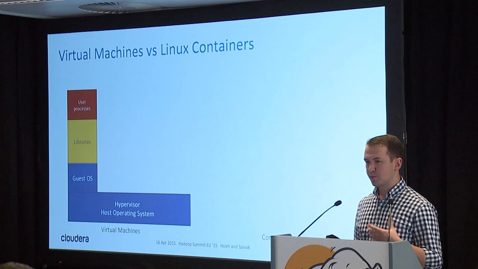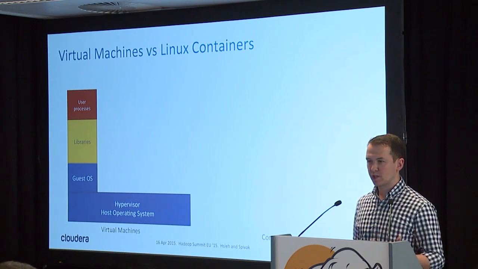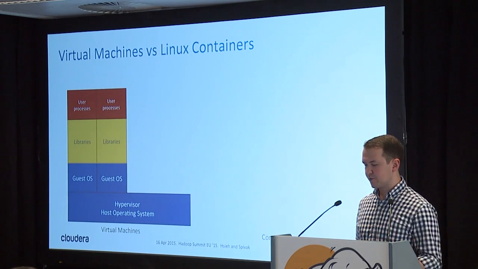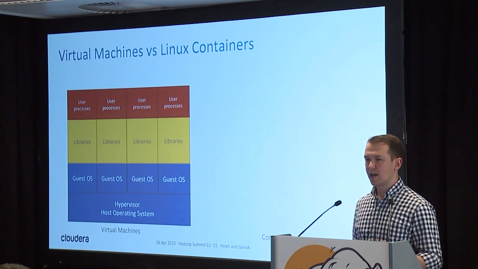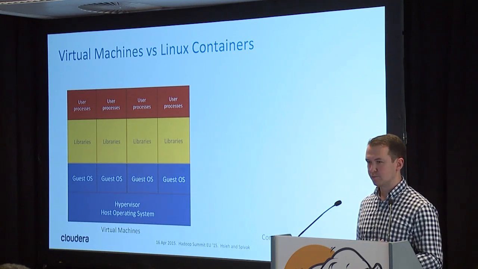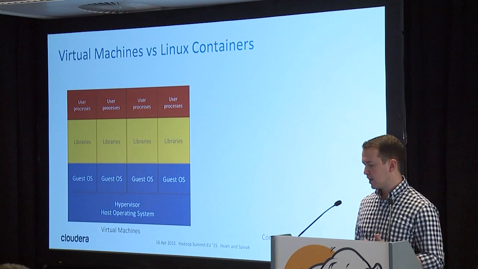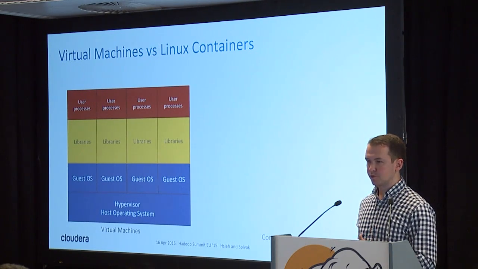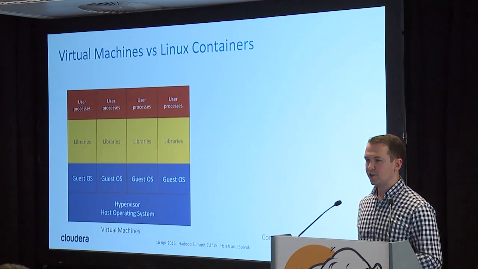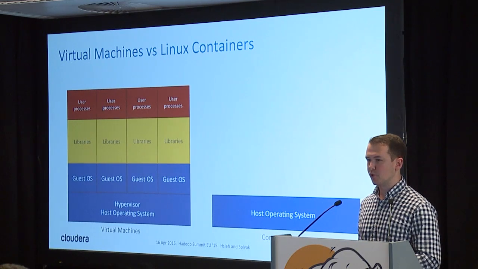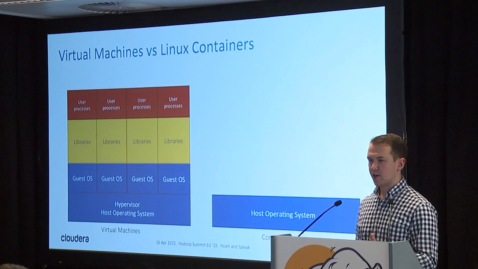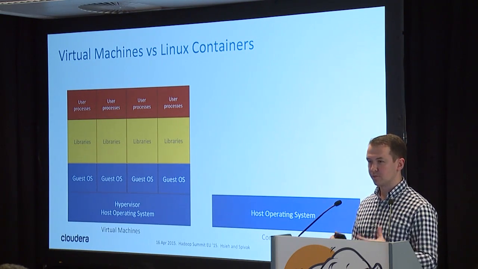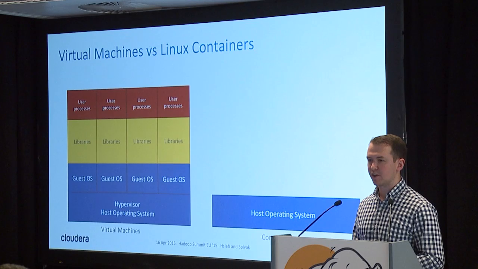But you notice that if you want to stand up 4 of these, if I want to run a cluster, there's an overhead involved, where you're basically reproducing a guest operating system. You're reproducing these libraries that in theory could have been shared across all your virtual machines. Containers do this in a slightly different way, because with a container, you still have your host operating system, but you don't have a hypervisor. The reason is that it's the host operating system's kernel that acts as the kernel of the containerized environment.